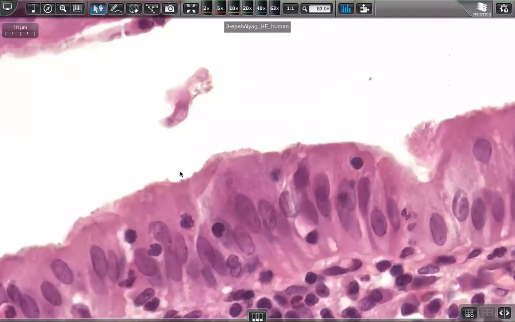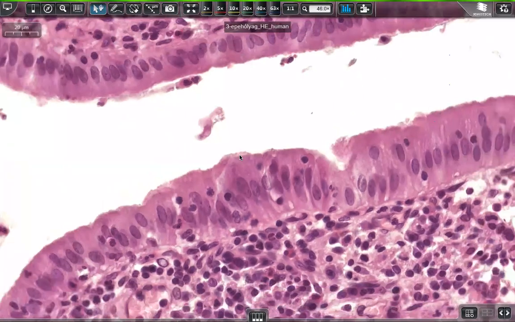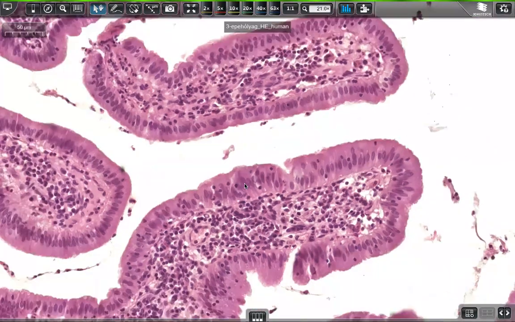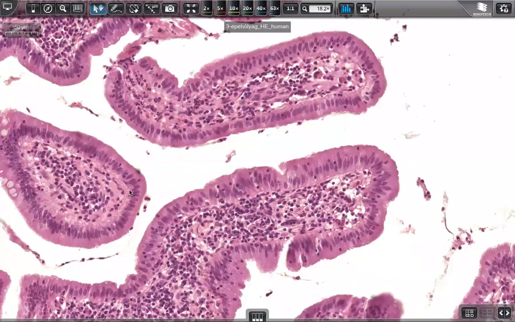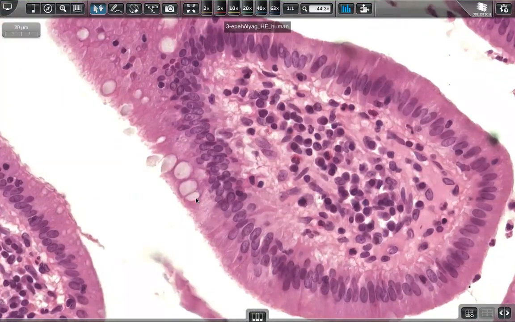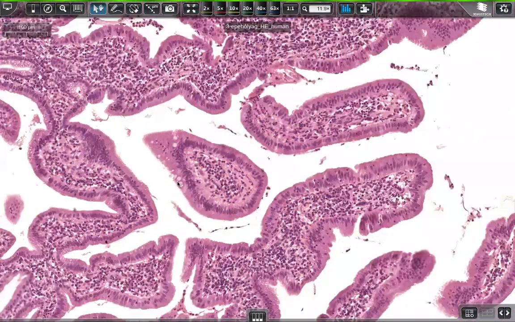These at the top are the mass of microvilli absorbing the water from the bile. And among the simple columnar cells, we can find some goblet cells. So a few goblet cells are present among the columnar cells.